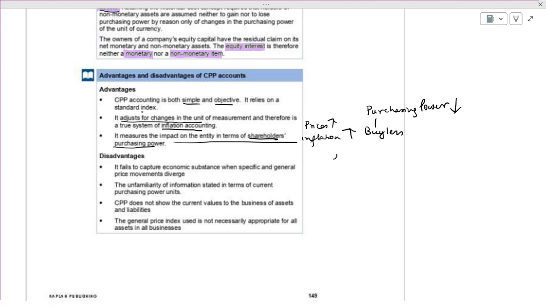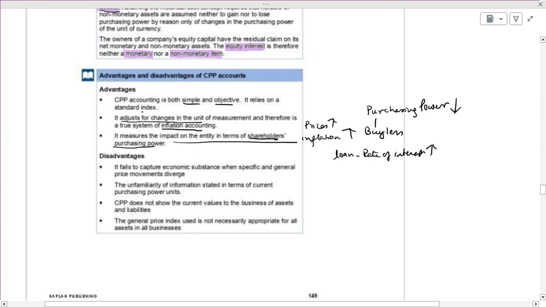Now, you see the thing. Loan. If the rate of interest increases, will people borrow more or less? Less. People will borrow less.